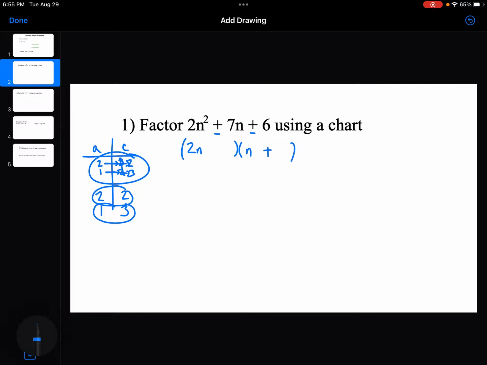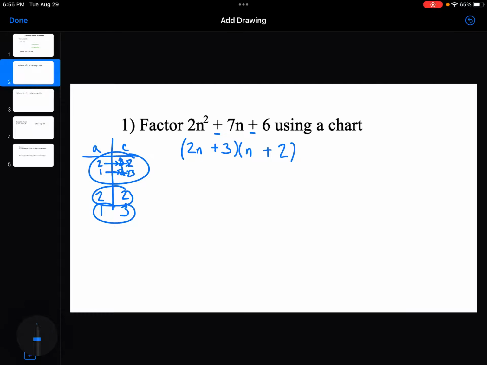So that means the 2 has to go here and the 3 has to go here. Now there's different ways to look at this type of chart, but essentially they're all the same. They come down to how well you can factor out values and then multiply and add in your head, or multiply and add on the page.